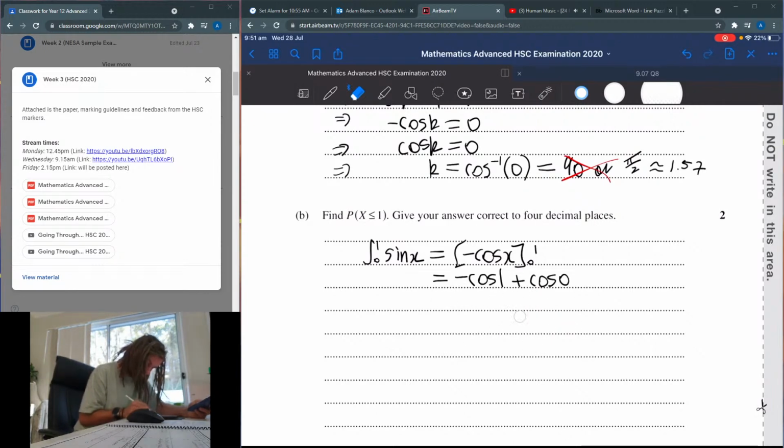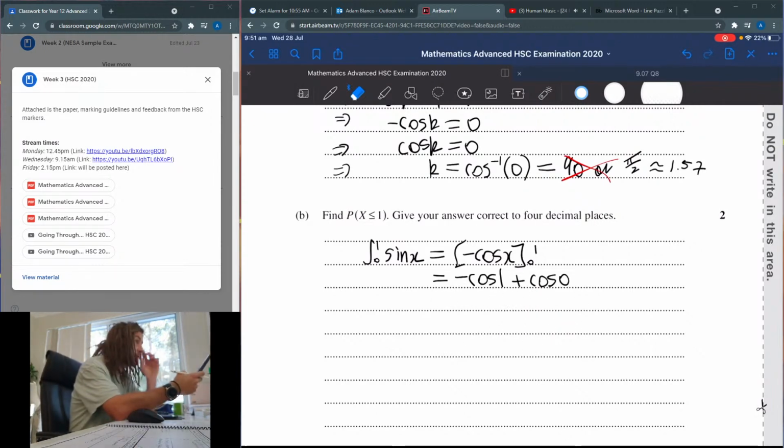Oh, let's just type this whole thing. Minus cos. Oh my god, I have my calculator in degrees, that's why. Radians. Minus cos 1.